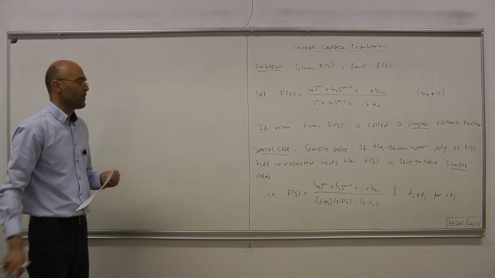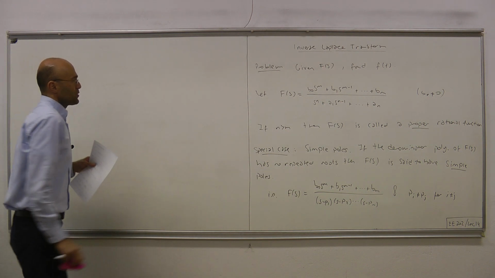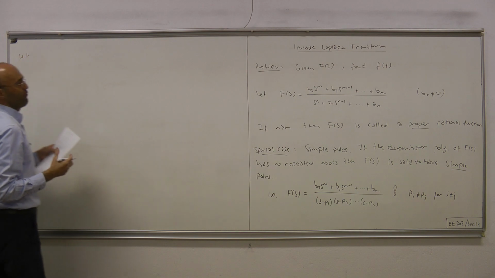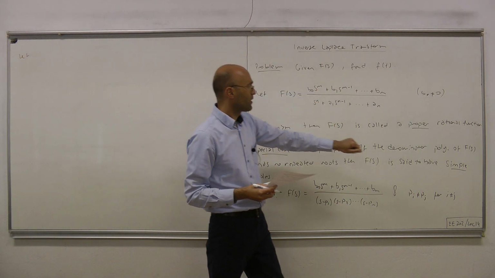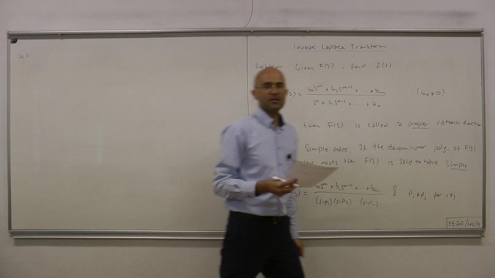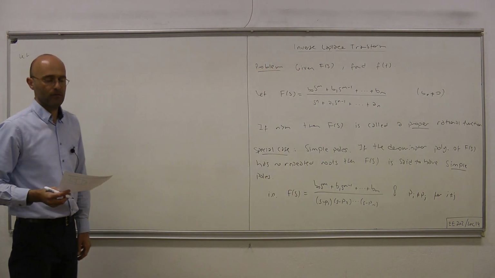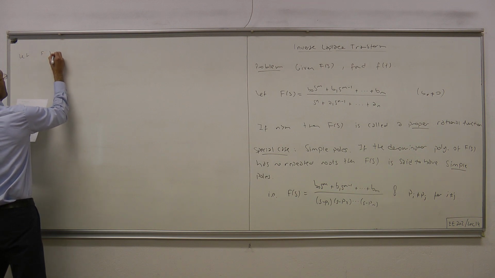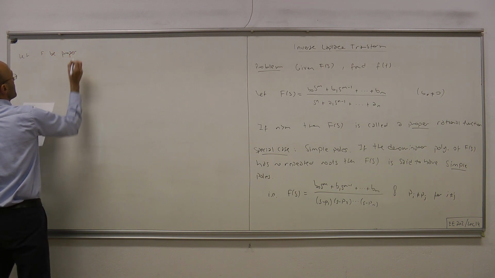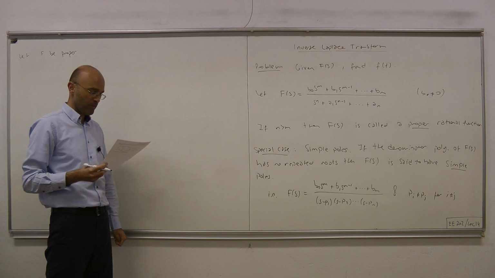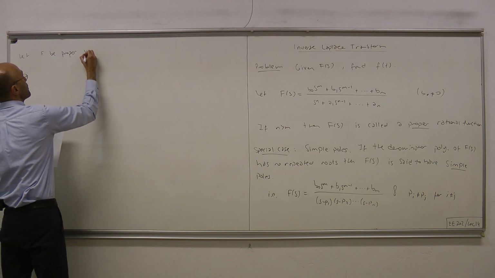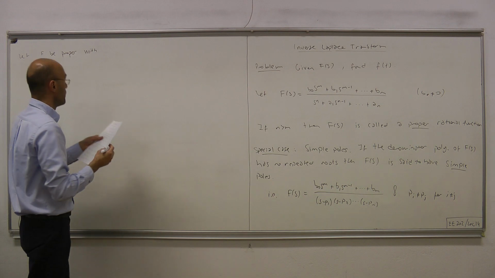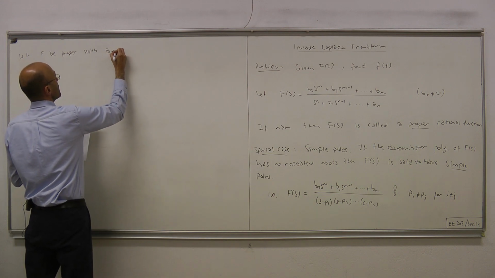Now suppose that we're given an F(s) that's proper and the poles are simple. So let F be a proper rational function with simple poles, meaning no poles are repeated.